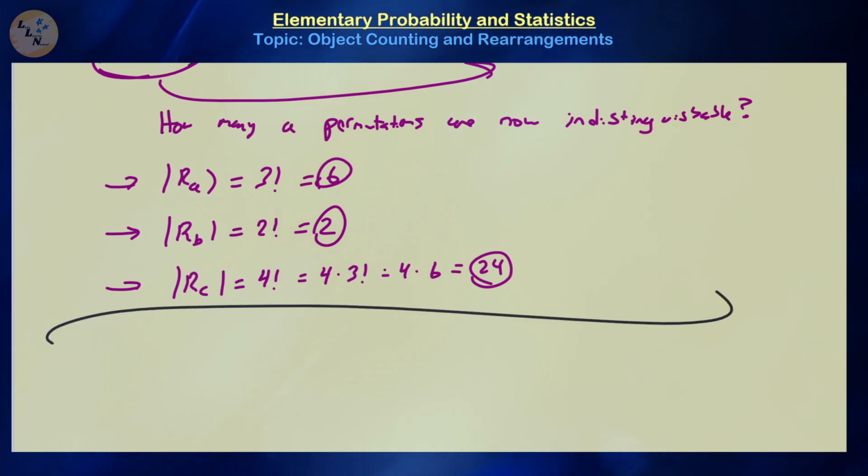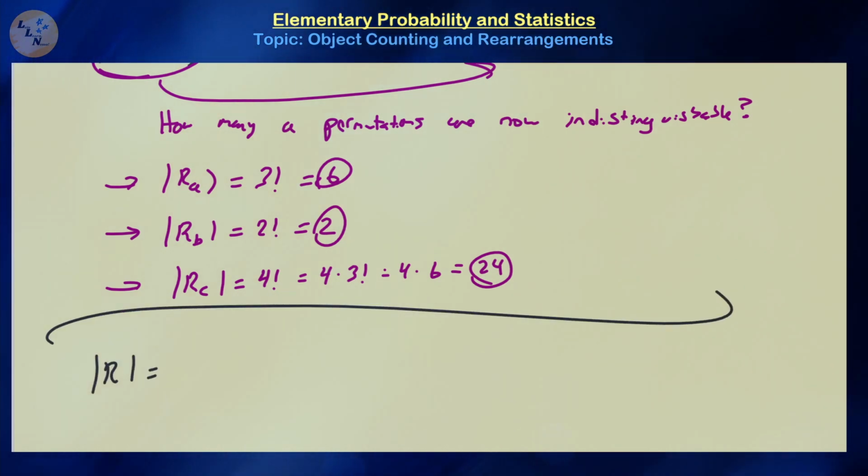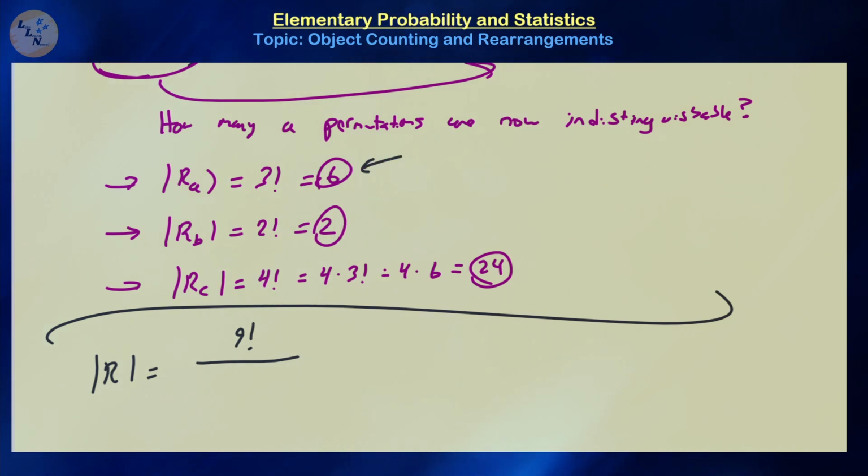So originally, if we treat all of them as different, we're going to have 9 factorial of them, but there's some repetition that we don't want to double count. In particular, there are 6 of these A's that we don't want to count again, 2 of these B's that we don't want to double count, and 24 of these C's that we do not want to double count.